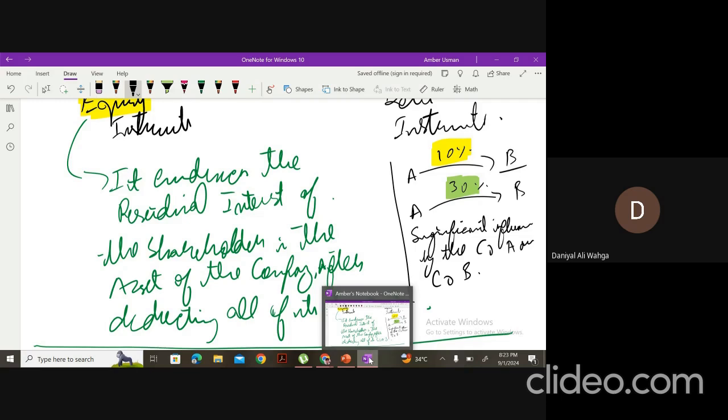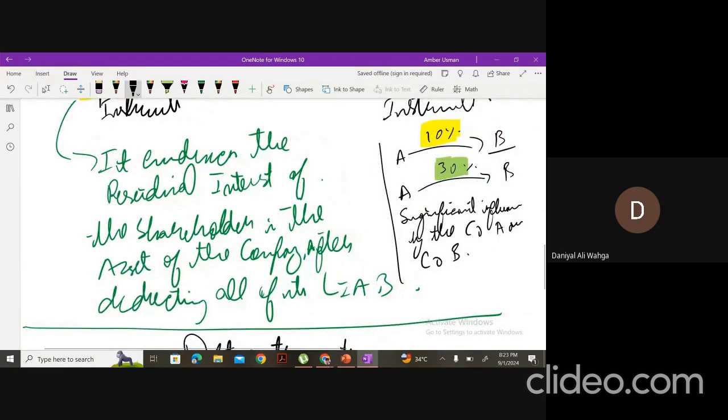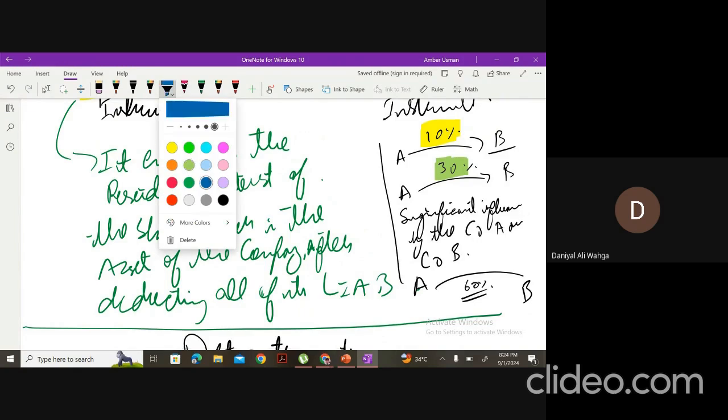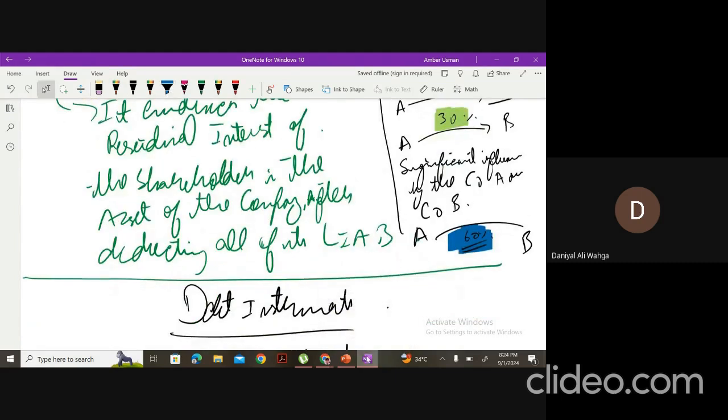Now, a third scenario which the book discusses is where company A has acquired 60% of the ordinary shares of company B. Then we have more than 50% of the ordinary shares of that company. So here this is not creating a significant influence. Basically, A becomes the parent company and B becomes the subsidiary company.